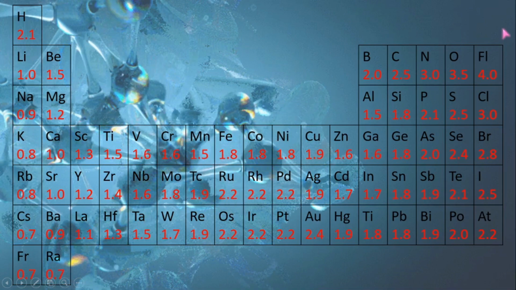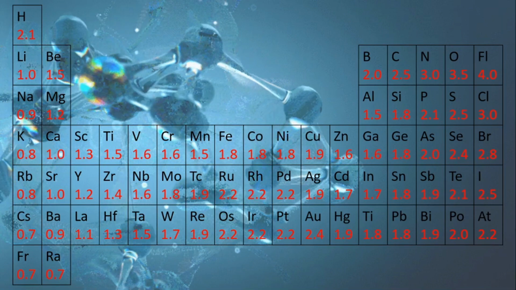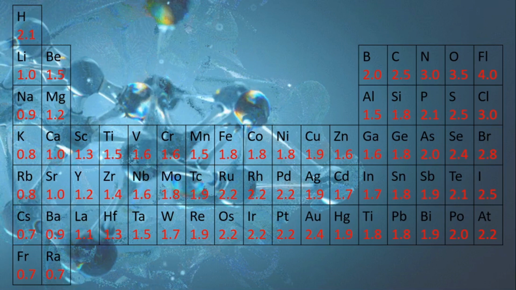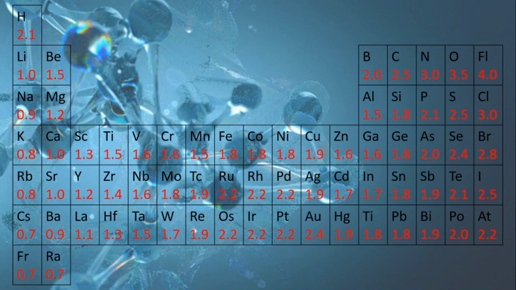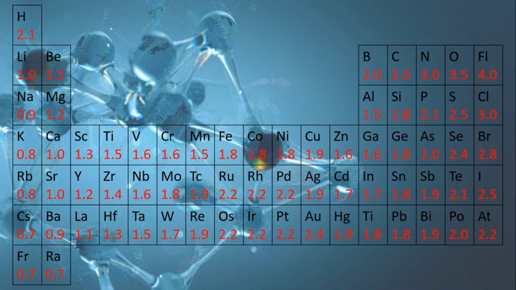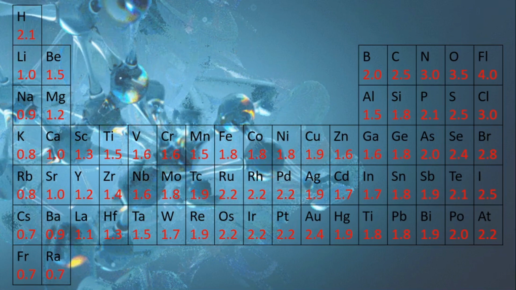As you will notice, the group of noble gases or group 18 is not included because they are already stable, and that is the basis for electron configuration.